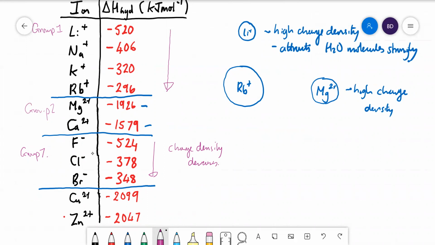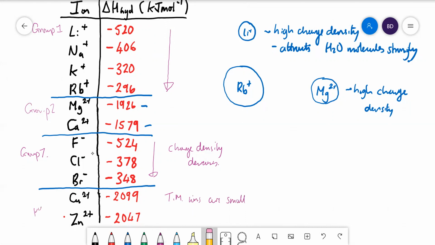It should hopefully make you realize that these transition metal ions are small. Transition metal ions tend to be smaller than you might think they are, because copper and zinc are both in period 4, just like magnesium is in period 3, but you've got a lot more positive charge in the nucleus.